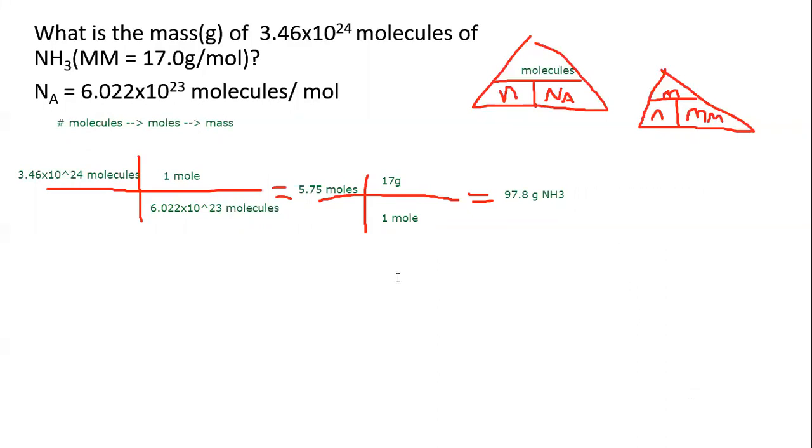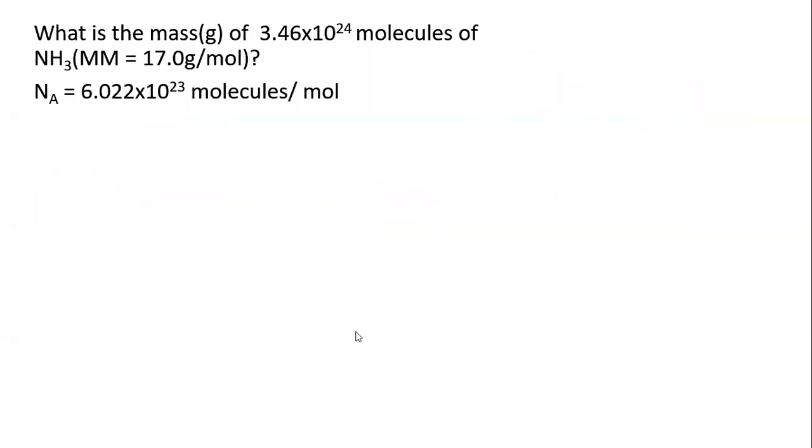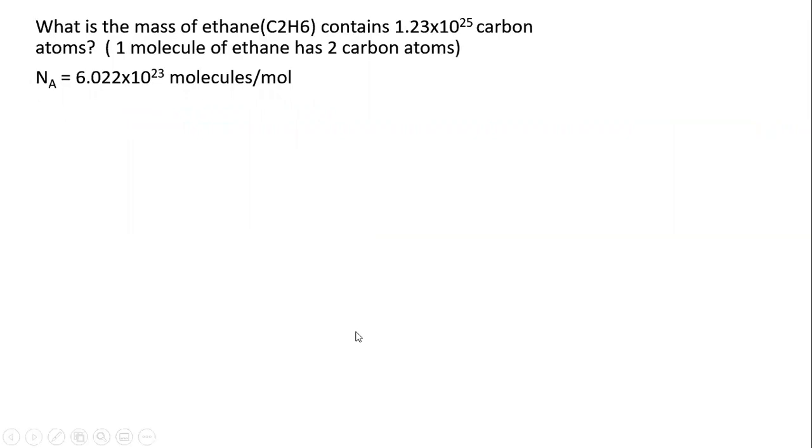Now in our next example, we're going to do something just a little bit different at the end because we're looking for a different quantity. So here it says, what is the mass of ethane, C2H6, that contains, I got to work on writing these better, 1.23 times 10 to the 25th carbon atoms.